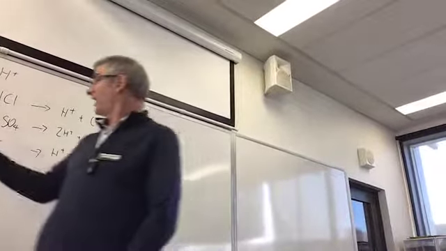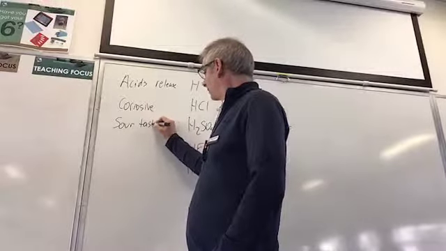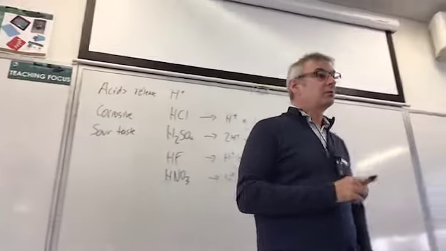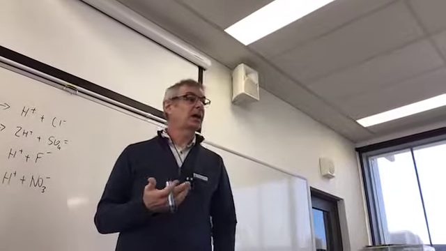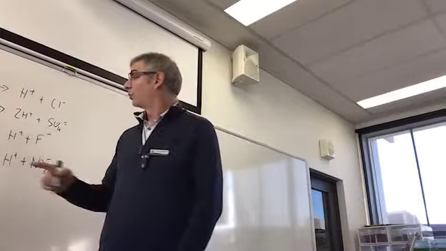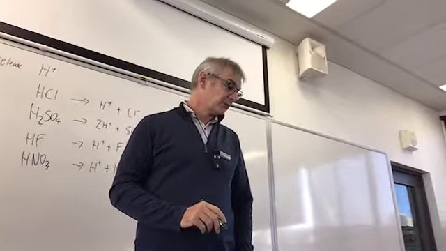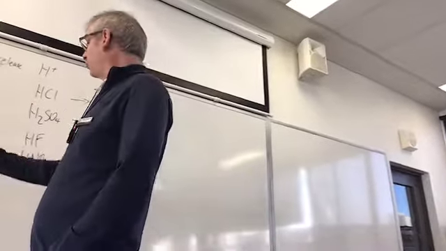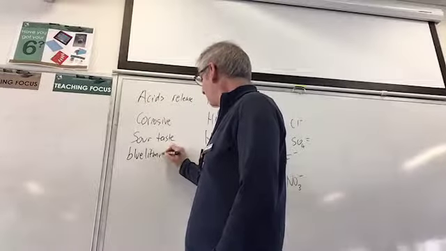They have a sour taste. Vinegar is an acid. There's citric acid in lemons, and lemons have a sour taste. So we should be familiar with some of the acids that have sour tastes. They turn blue litmus paper red.